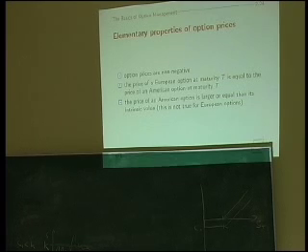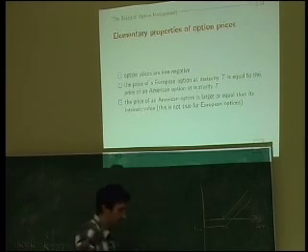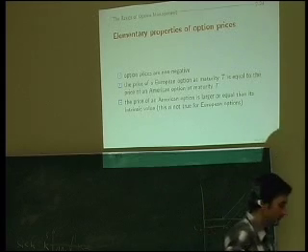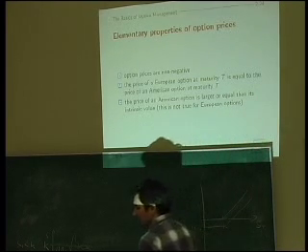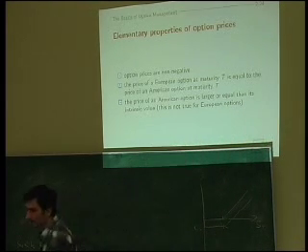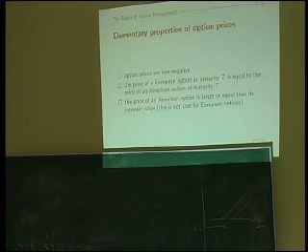Usually, as I told you, the price of a European option is less than the price of an American option. Not at maturity capital T, because at maturity you have your payoff function, and it is the same payoff for an American or a European option.